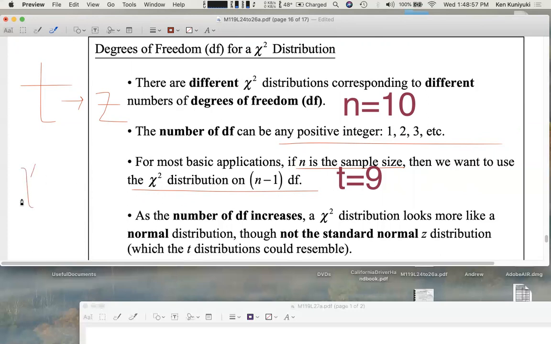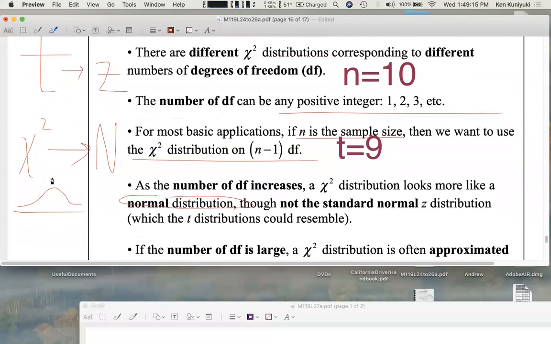But the chi-square distributions, as the number of df approaches infinity, approaches a normal distribution in general, but not a standard normal. It does approach a normal distribution. The curve looks more and more bell-shaped, but it won't be a standard normal. The mean will not be 0.